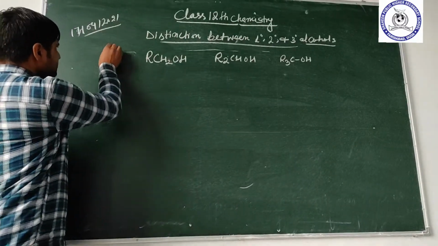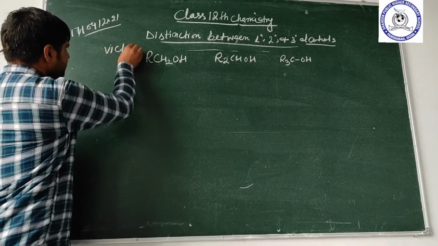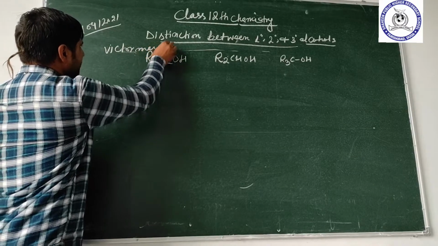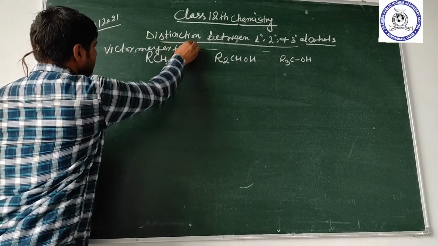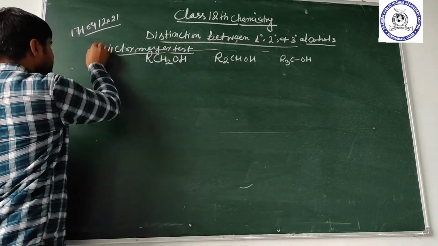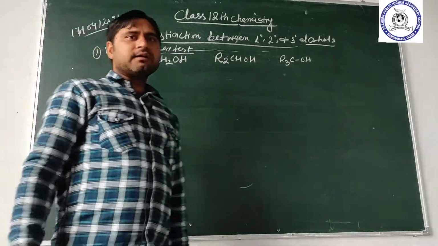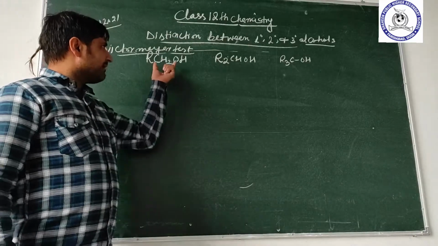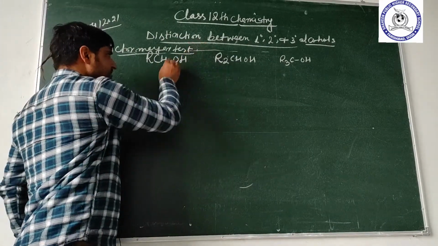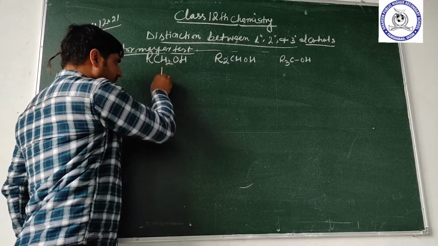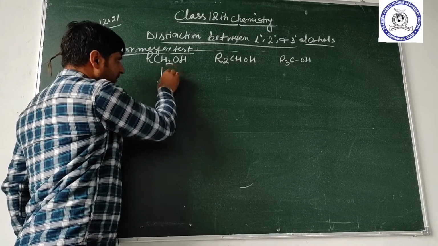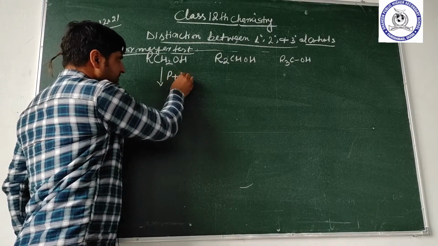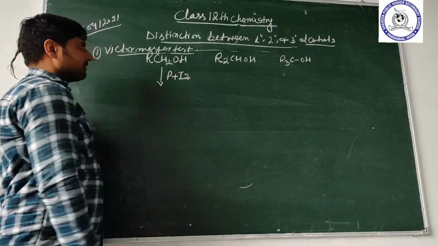The first test is the Victor-Meyer test. This is a multi-step process, and in this test the first step is reaction of primary alcohol with phosphorus plus iodine.